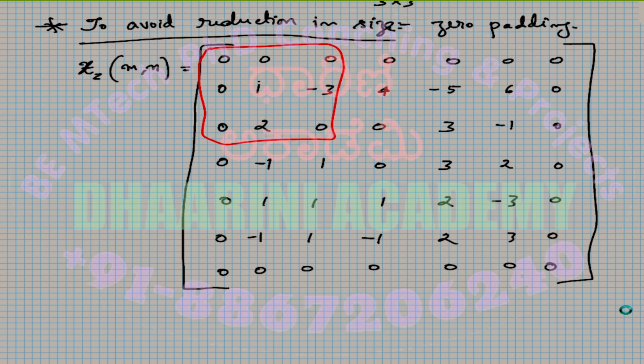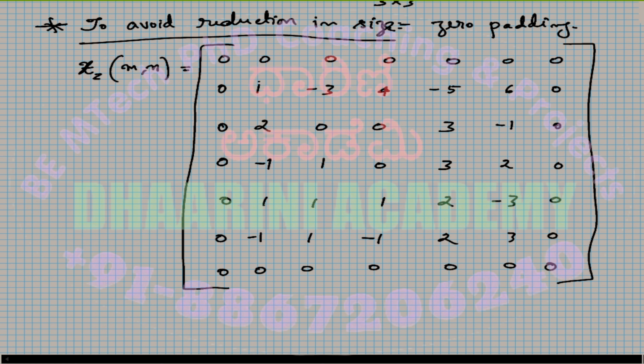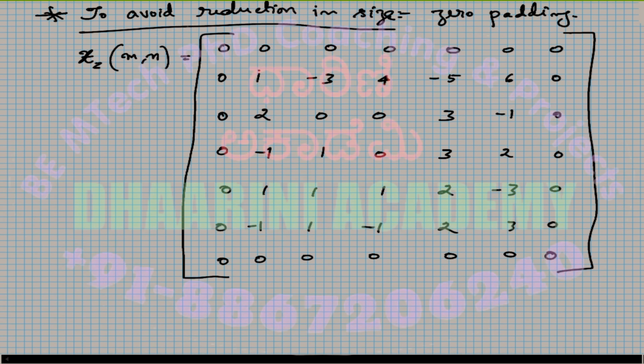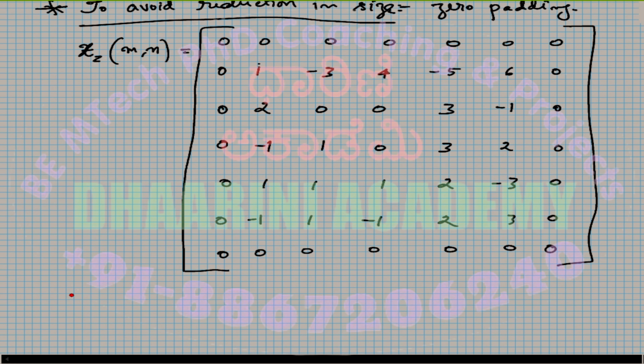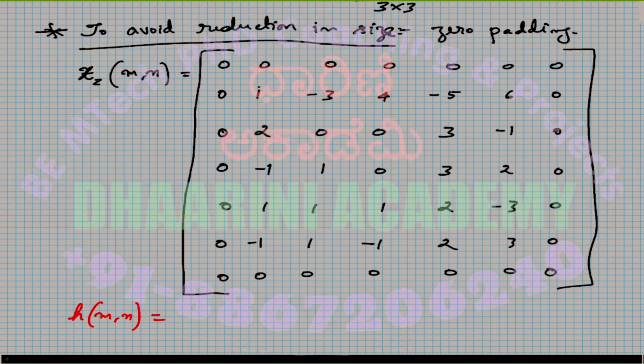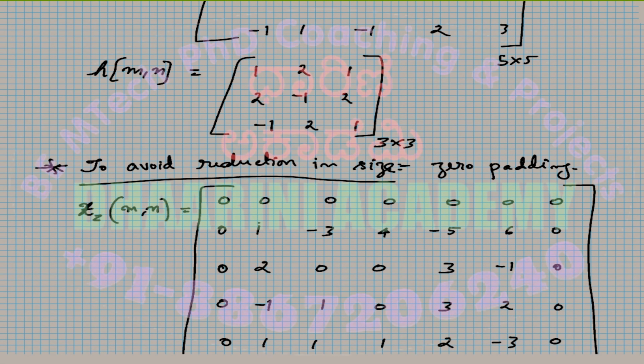Starting from here, let me write the H here. This is the normal H of m comma n, which is already given. Let me just copy from here.